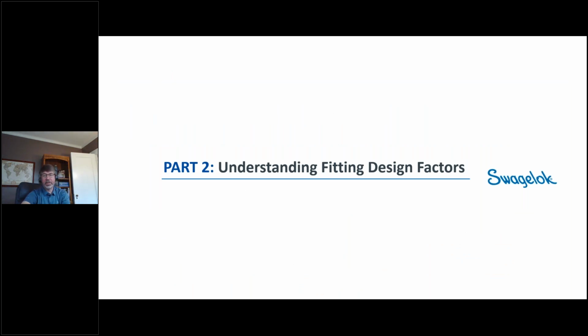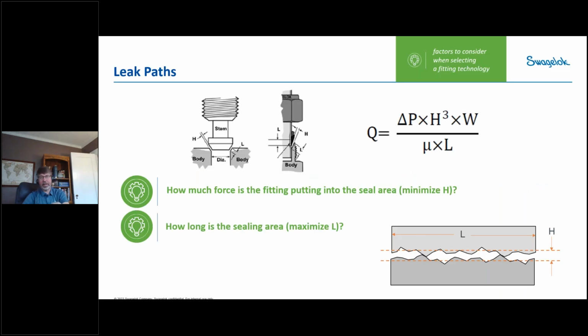So with that, we want to get into some other fitting design factors and whether or not they make a nice, tight, reliable seal. The first thing we do when we look at a fitting design is determine what the leak path potentially could be.